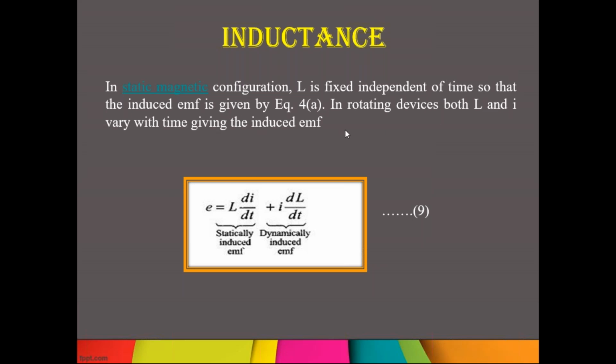Already we know how the statically and dynamically induced EMF happen. In a rotating device like a generator or motor, the EMF is a combination of both static and dynamic induced EMF, and this type of EMF is used only in rotating devices like generators and motors.